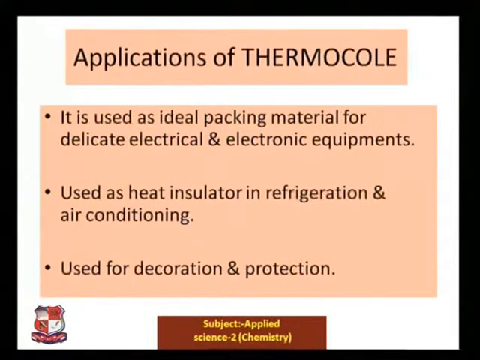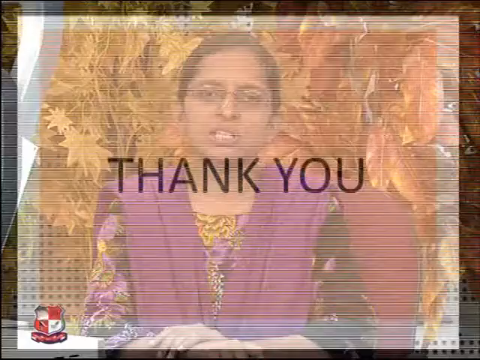In this session we have discussed so many things. We have discussed insulators, which play a major role in their own field. Then we have seen refractory, and so many things are discussed in chapter number 6, that is paint.